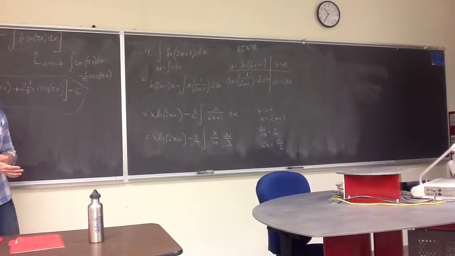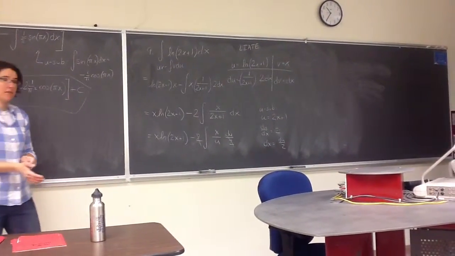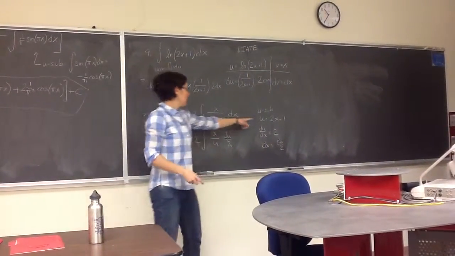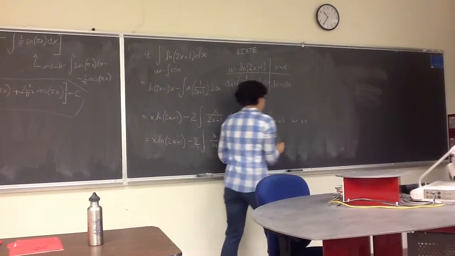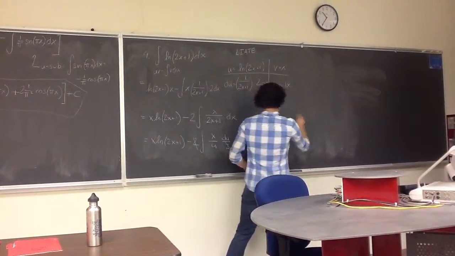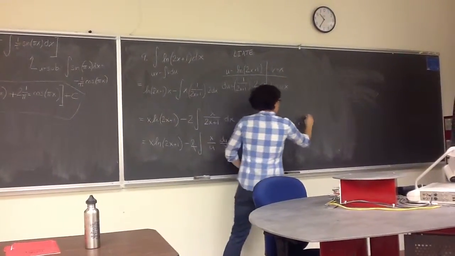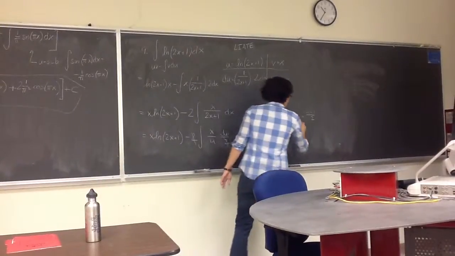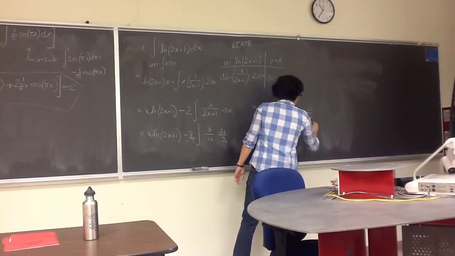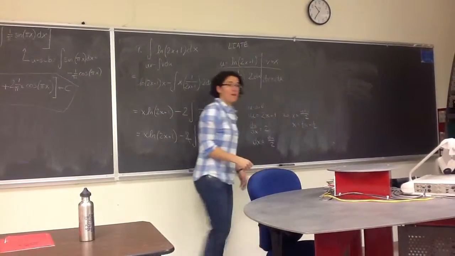All right, what about that extra x? I solve u equals 2x plus 1 for x. So we've got x is equal to u minus 1 over 2, which we could also write as x is equal to 1/2 u minus 1/2.